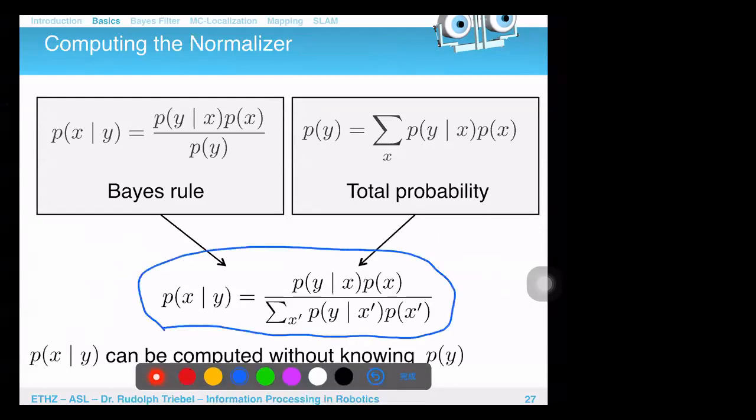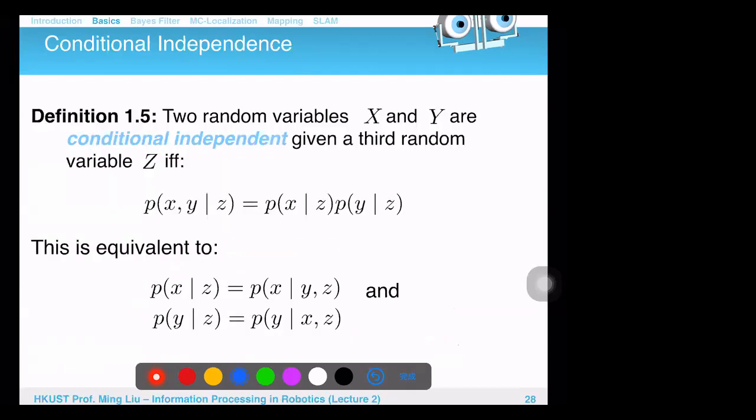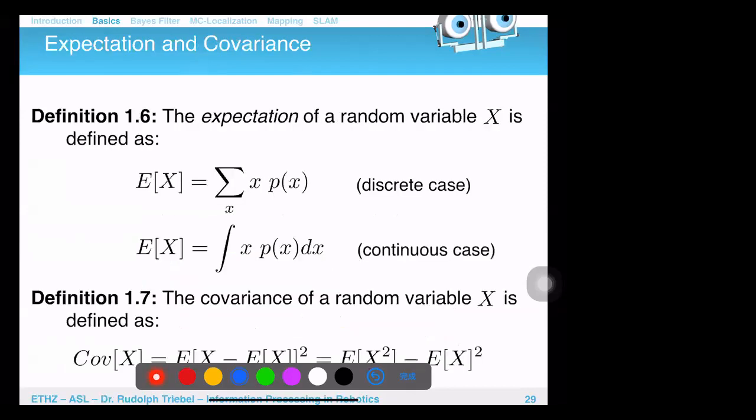Try to understand it from component to component, especially the representation where we can use the total probability theorem and the Bayes equation to transform this into other problems. And we also introduced what conditional probability is.